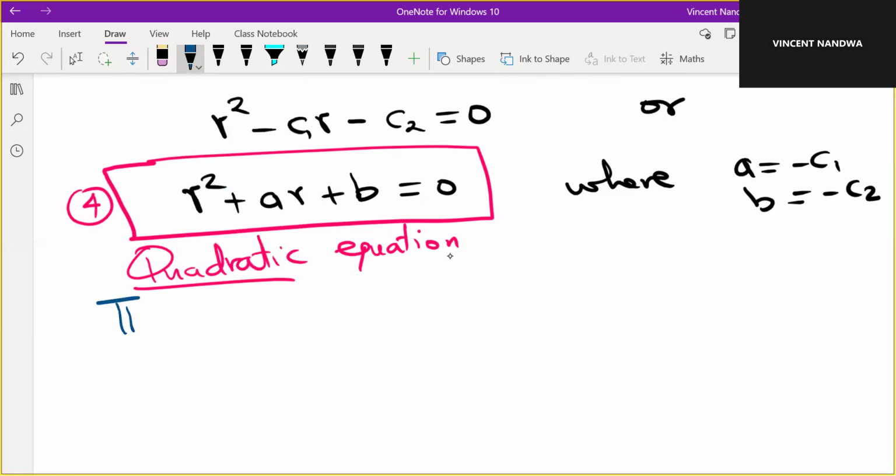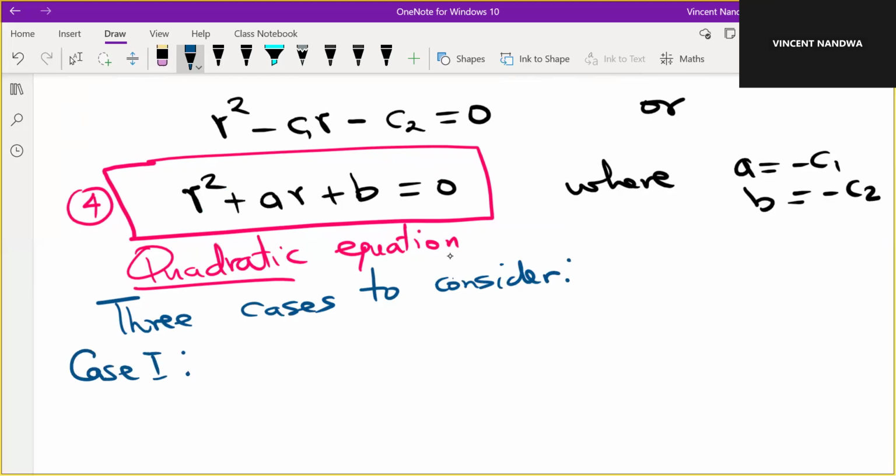So there are 3 cases to consider. So case 1, we have 2 distinct real roots.